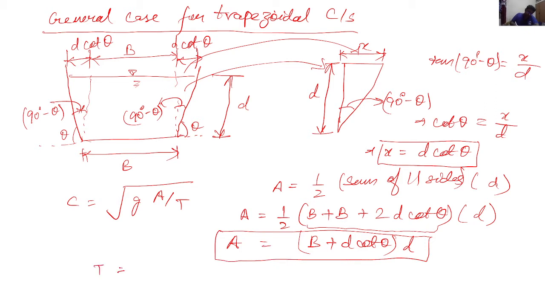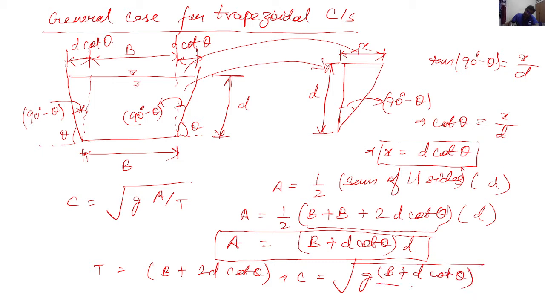Similarly, the top width will be b plus 2d cot θ, because it's b plus d cot θ plus d cot θ. So this implies C will be found as √(g A/T). So it is (b + d cot θ) d by T, where T is b plus 2d cot θ.